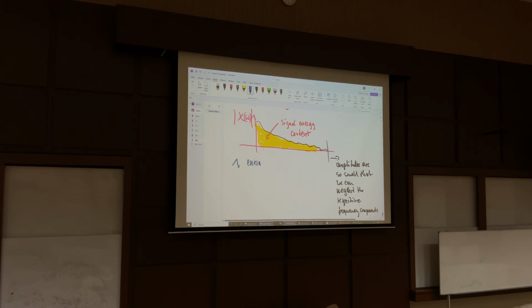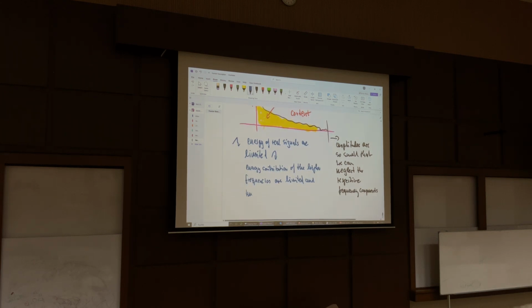Energy of real signals is limited, and that means the energy contribution of the higher frequencies is limited and tends to go to zero.